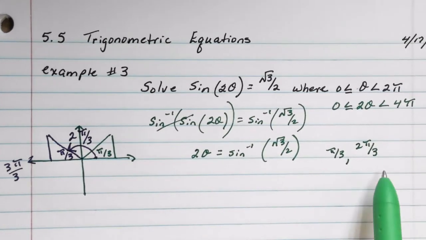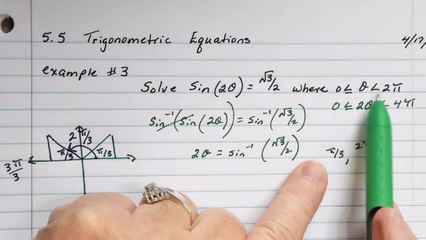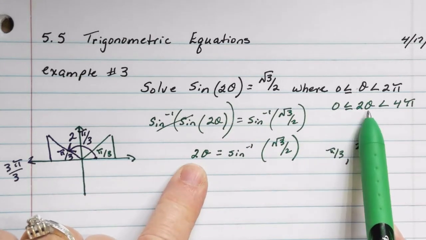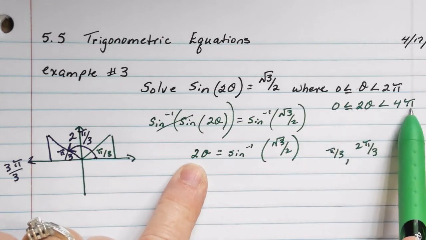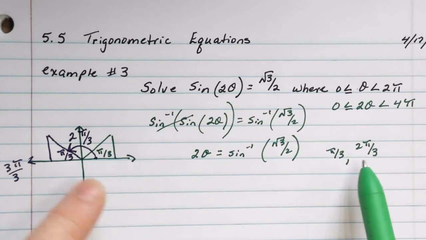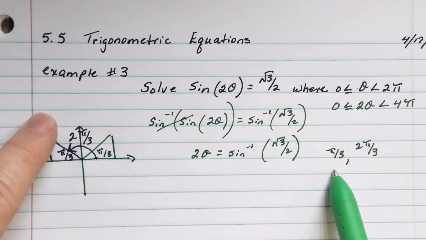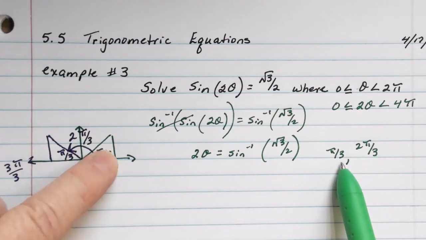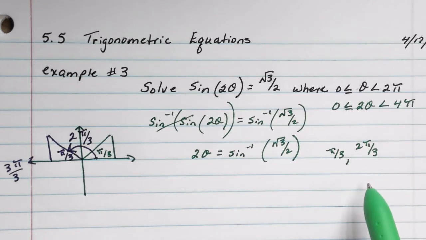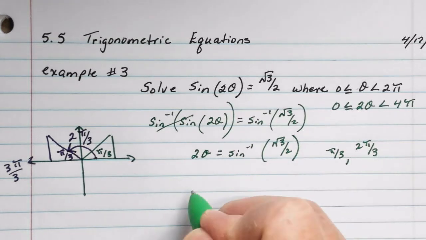These are solutions between 0 and 2 pi, but we want solutions for 2 theta between 0 and 4 pi. So we want to include another rotation, another angle that terminates at the same place. To include another rotation, we also add 2 pi to get all of the possibilities.